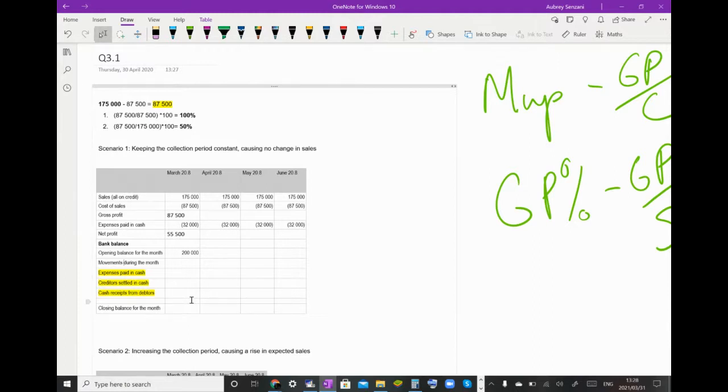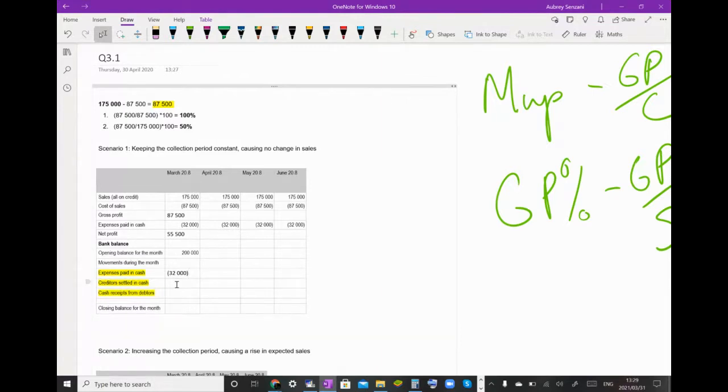So then we see there's 200,000 there. Then we see expenses paid in cash. We already have that amount, they've already given that to us, 32,000, so we just repopulate that. And then here, in terms of settling the creditors, it doesn't say that we purchased anything.